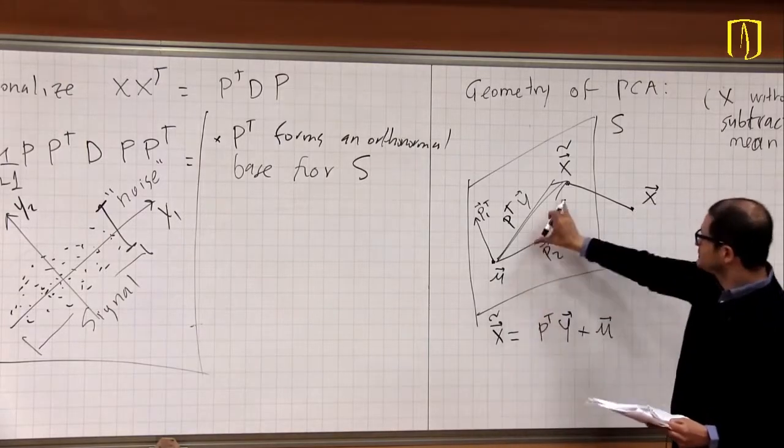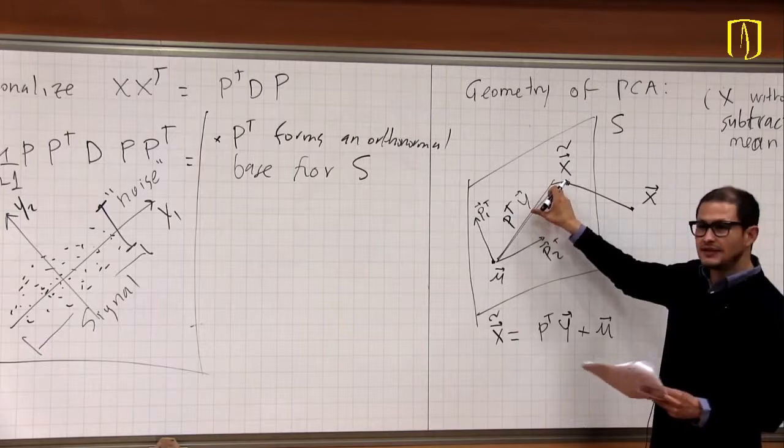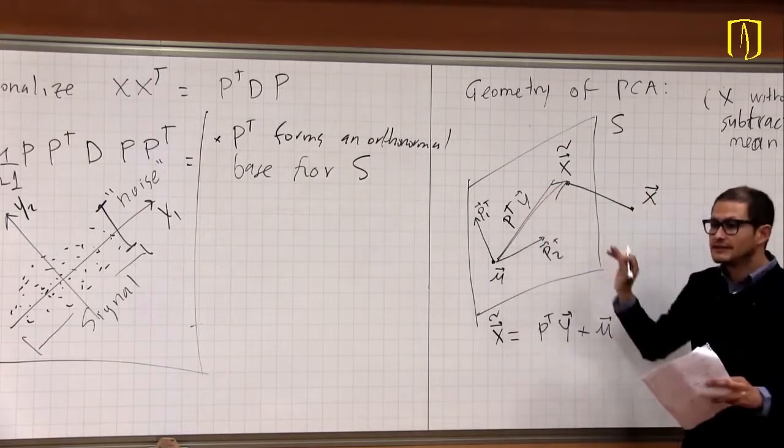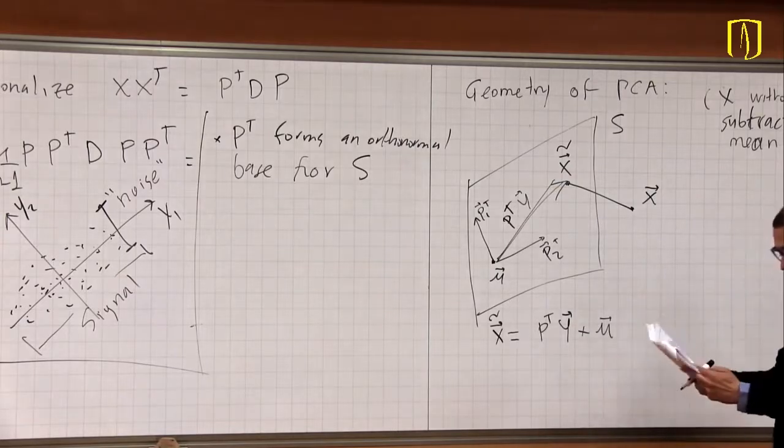So it's this vector here, an approximation to X in this lower dimensional space. That's the geometry of the whole thing.